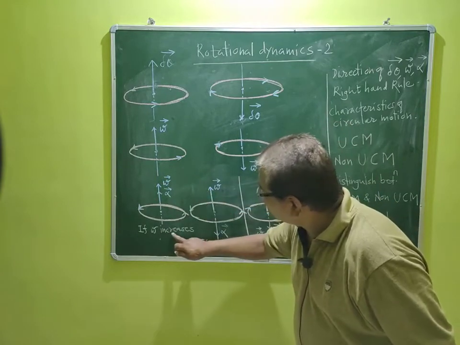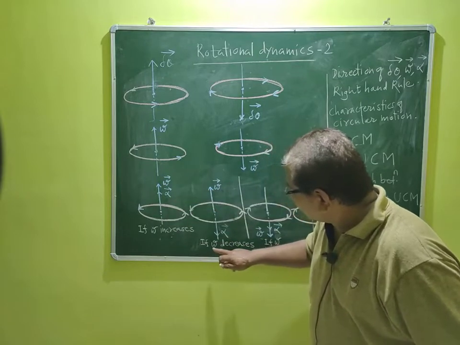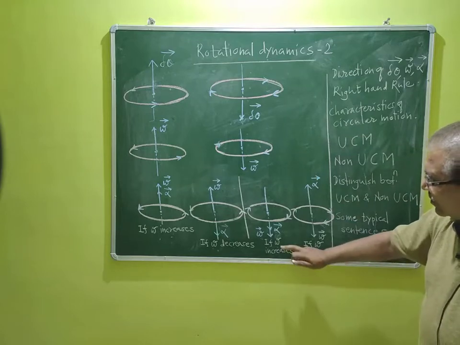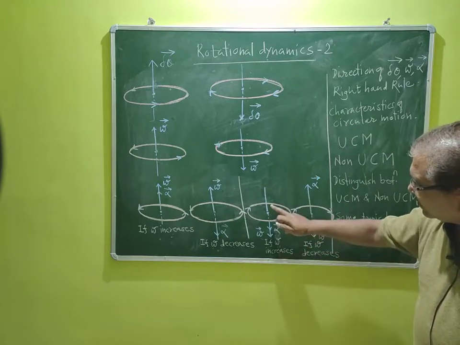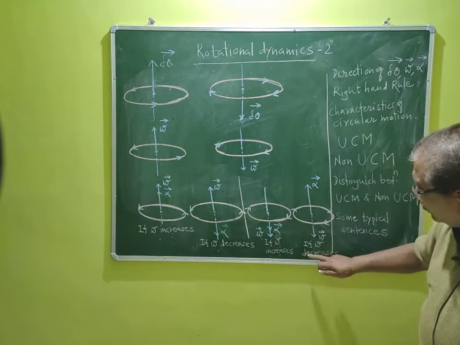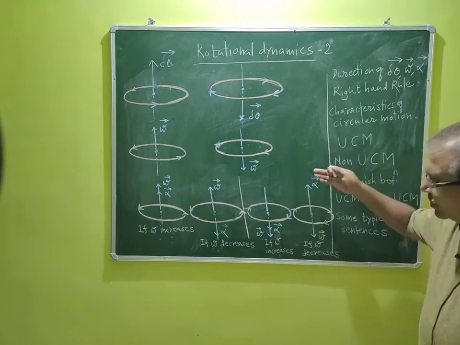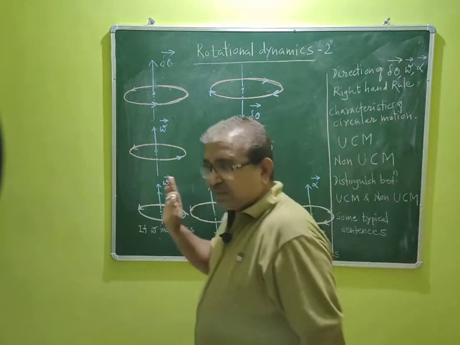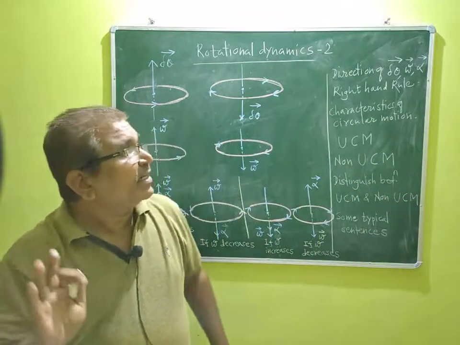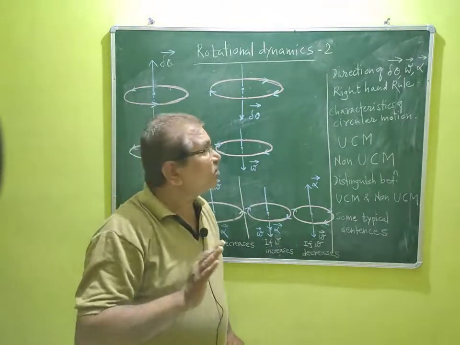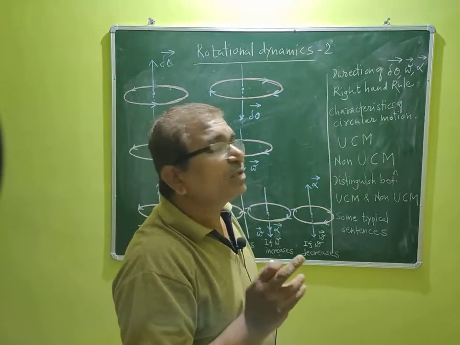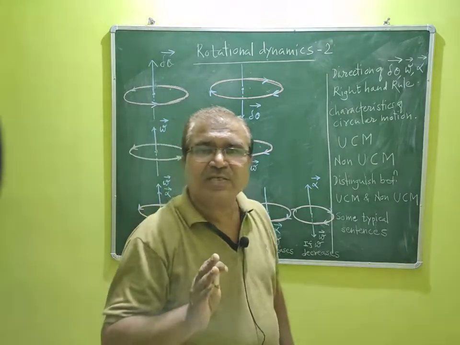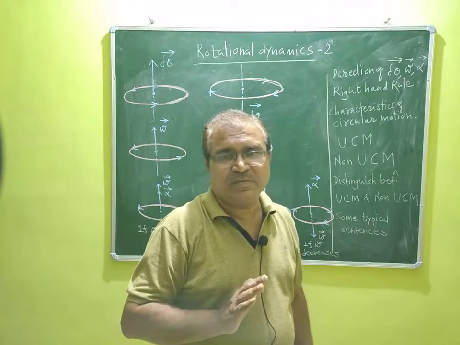But if omega increases, alpha is upward. If omega decreases, alpha is downward. Here it is similar: if omega increases, alpha is along omega; if omega decreases, alpha is opposite to omega. So this is the study to show the directions of angular displacement, angular velocity and angular acceleration, dear guys.